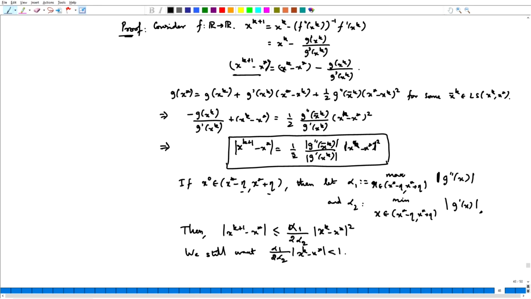So, we will consider an xk which satisfies this condition. But this can be satisfied if x naught is chosen such that x naught minus x star is less than 2 alpha 2 by alpha 1.